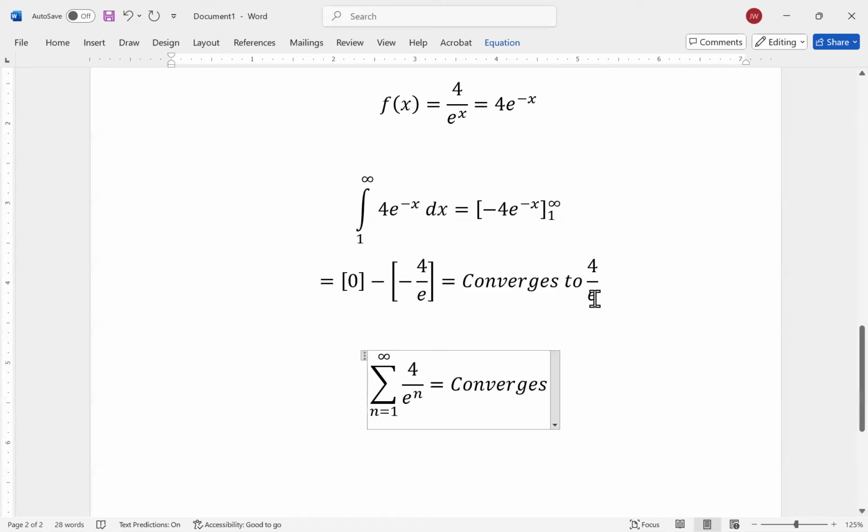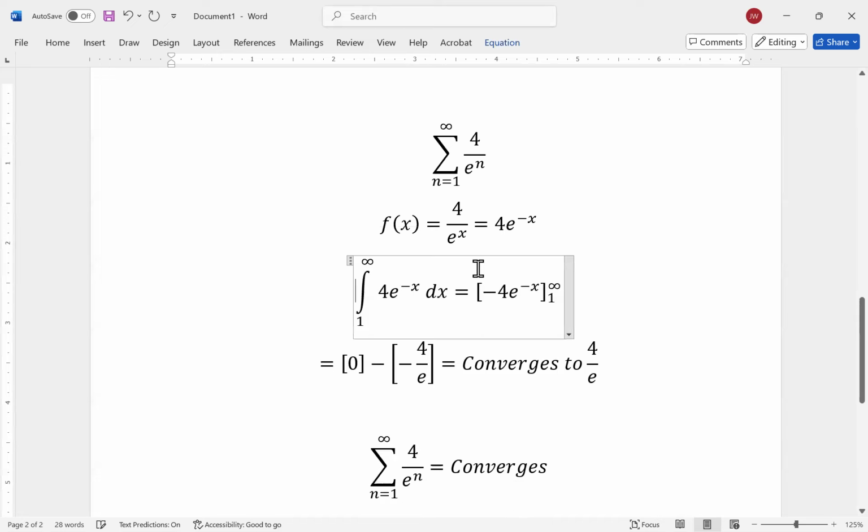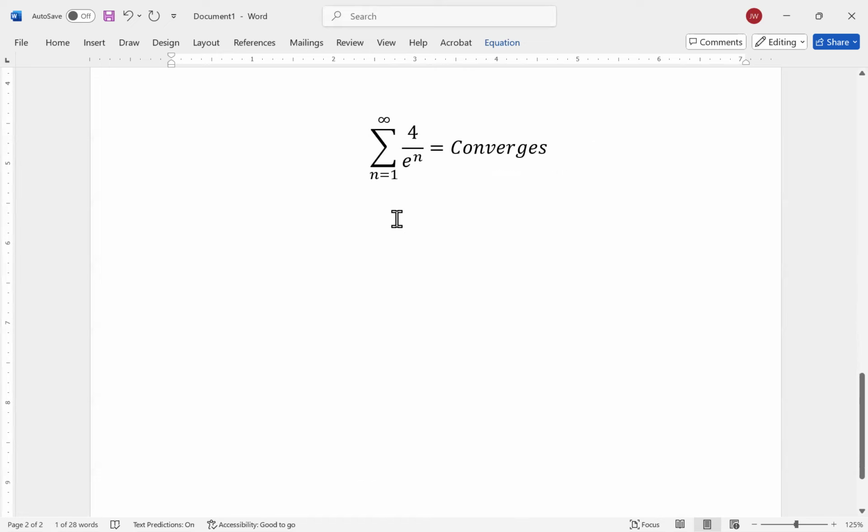Now, in this scenario, we use the integral test to determine that this infinite series converges. It turns out that that's not the only way we could have determined that this infinite series converges.